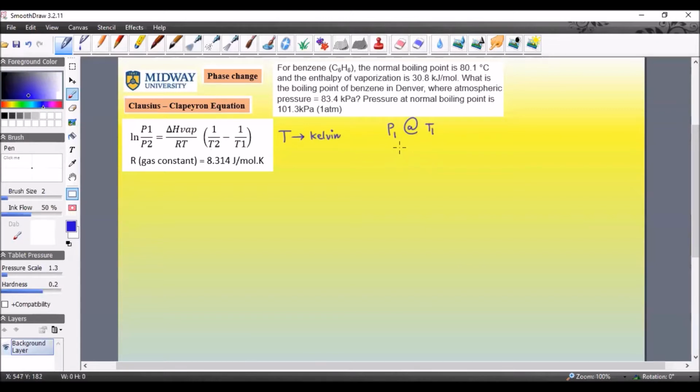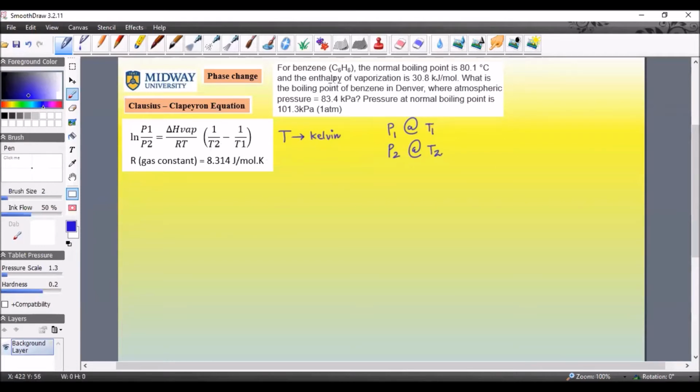The pressure inside a chamber when it's heated depends entirely on the amount of heat added. If you put ice, that pressure is going to be different than when you're heating it up with a red hot flame. Similarly, P2 is the pressure at temperature T2. If you know these two pieces of information, and you know the gas constant, then you can most likely calculate the delta H vaporization.